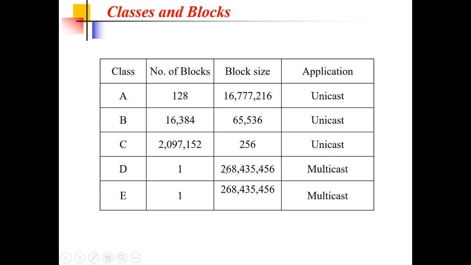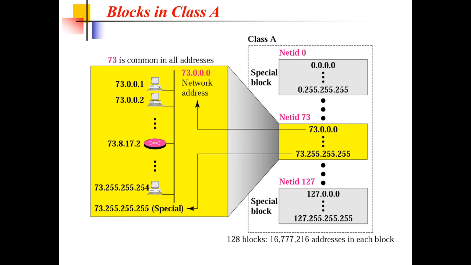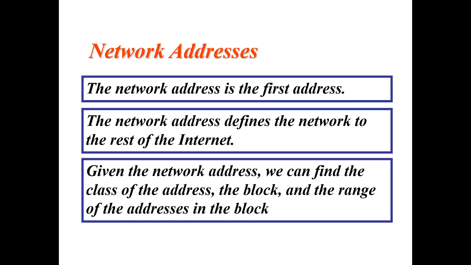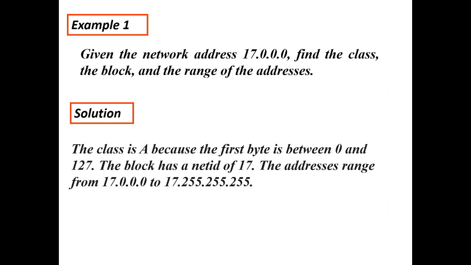Such large addresses are never used for multicast addressing. And for class E, all the addresses are never used. So in classful addressing, so many addresses get wasted. So instead of classful addressing, classless addressing is used nowadays.